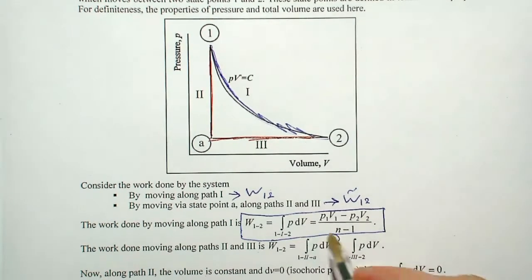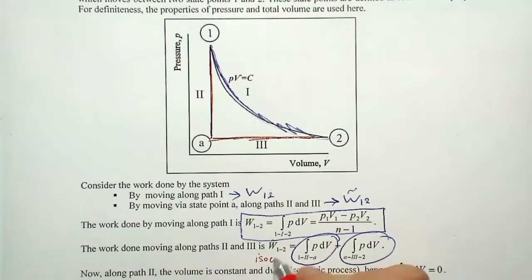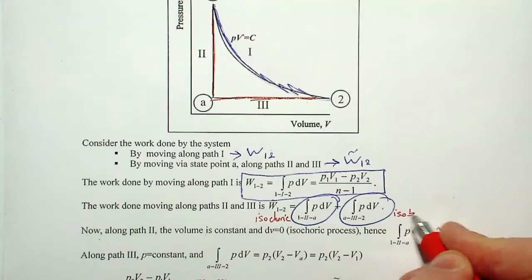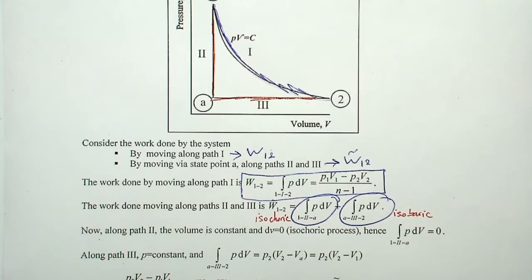The first one is the isochoric process, and this one is the isobaric process. But the equation actually is the same. We use the W equation, which is the integral of P dV. That's the most generic equation for work that we've been starting from ever since we introduced work.